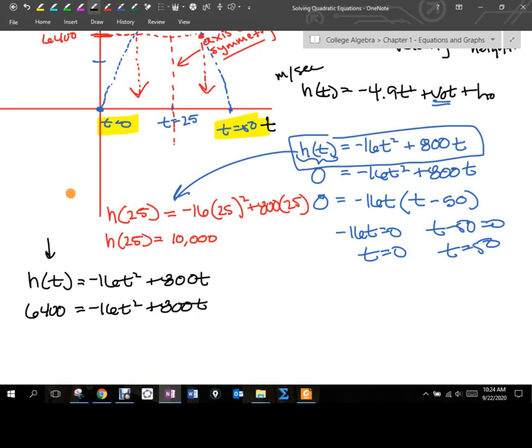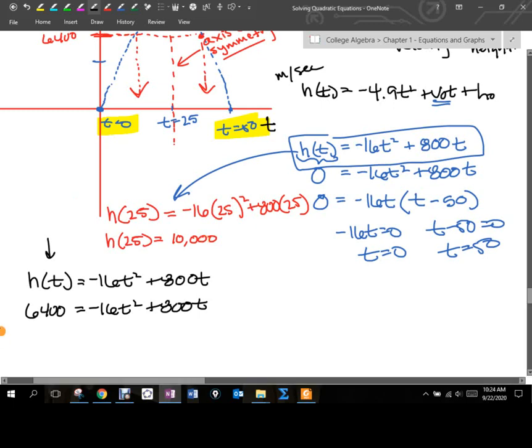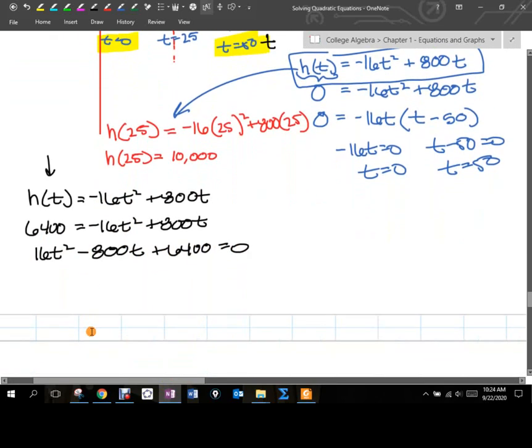Okay, so again, this is a quadratic, so we factor it. So I'm going to write it this way: 16t squared minus 800t plus 6,400 equals 0. I just moved it. I like my t squared to be positive. I can factor a 16 out. 16 times 5 is 80, so times 50 would be 800, right?